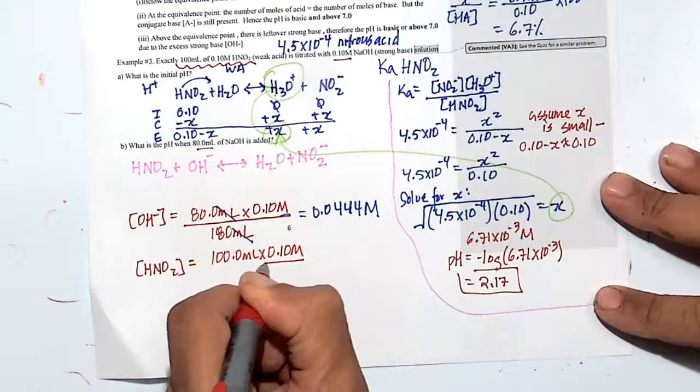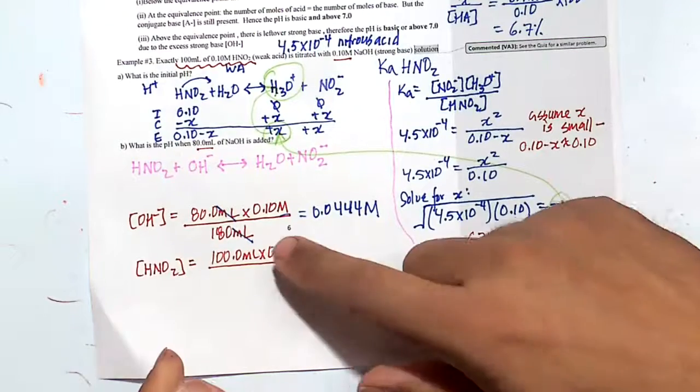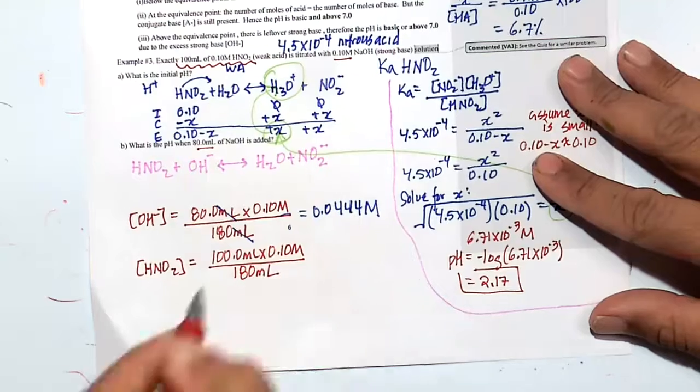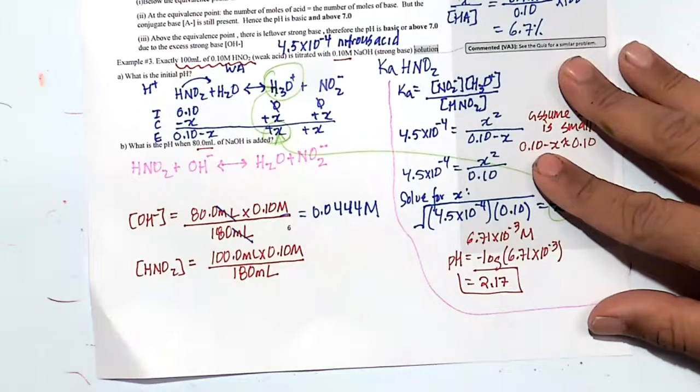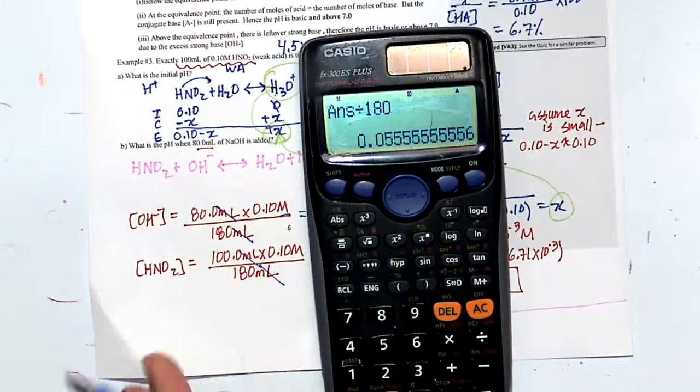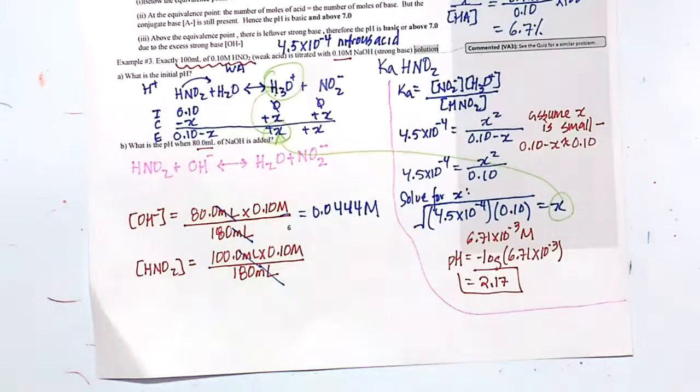What's our total volume after we add these two together? 180. So 100 times 0.1 divided by 180. The final concentration of this weak acid is 0.0556 big M.